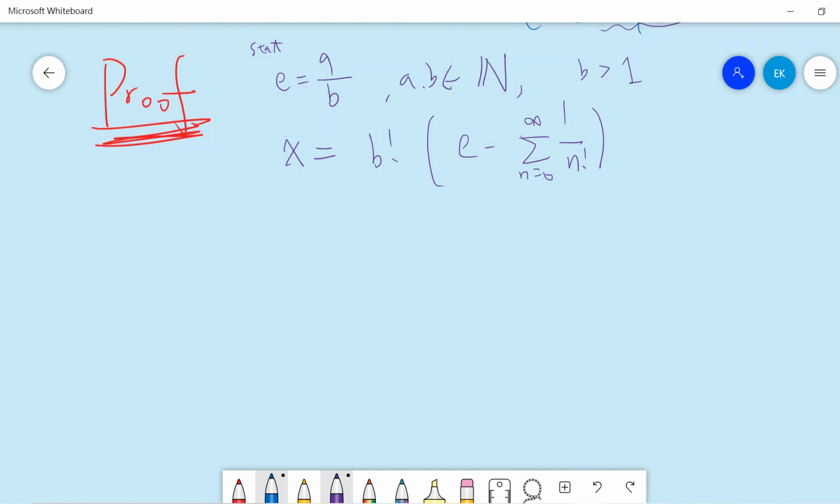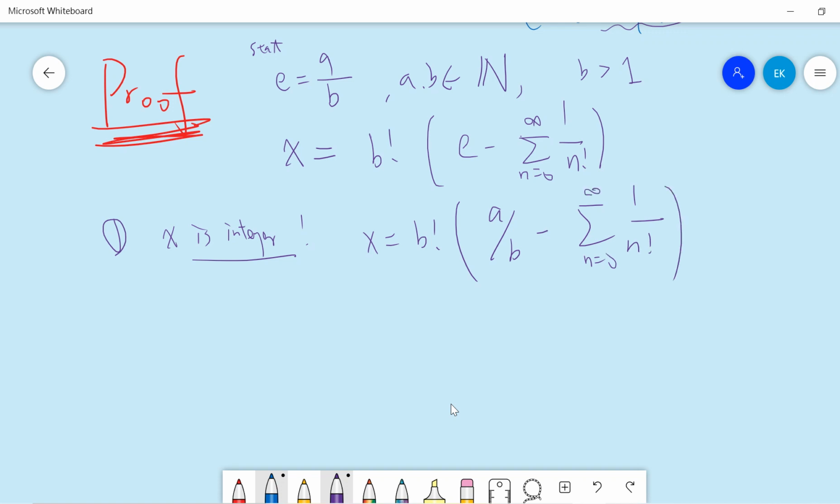From here we can get a contradiction. I will first show three properties. The first property is that x is an integer. Why? Since x equals b factorial times (a over b minus the sum), I can expand this out.